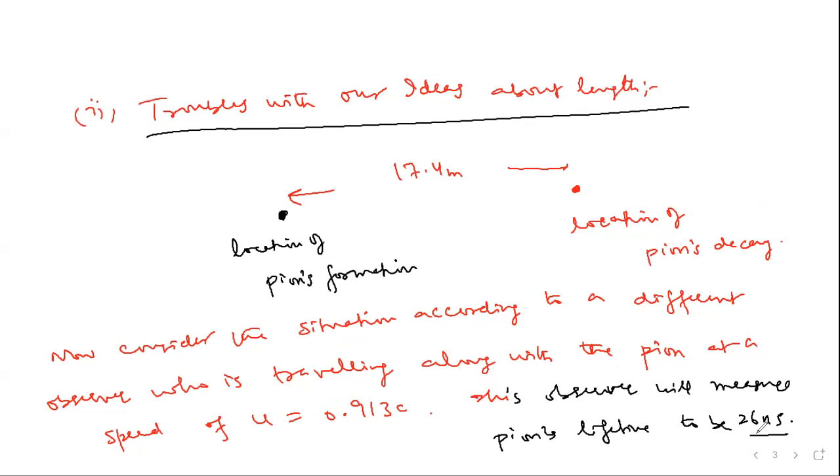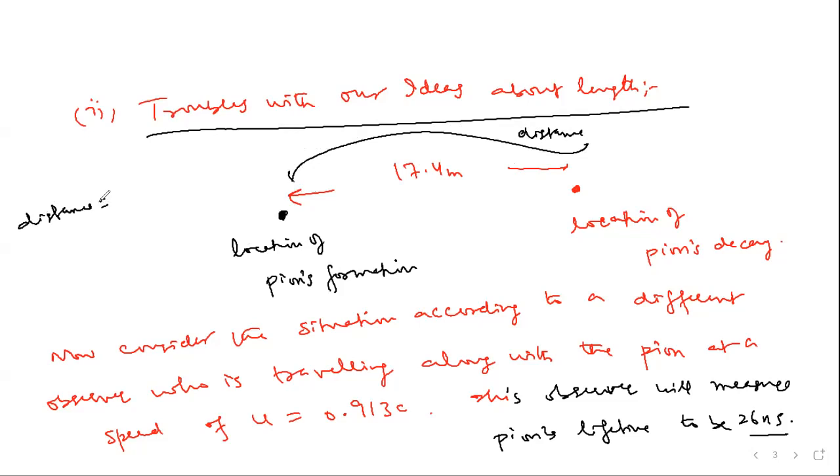Now, to this observer, the distance between the markers showing the formation and decay of the pion, so this distance, I name this distance, for this observer will be how much?